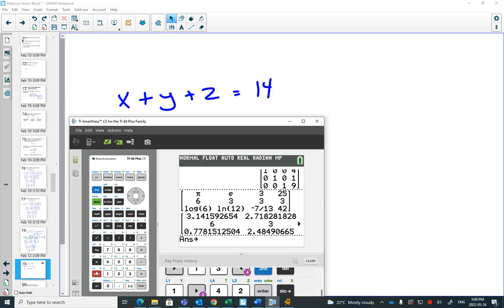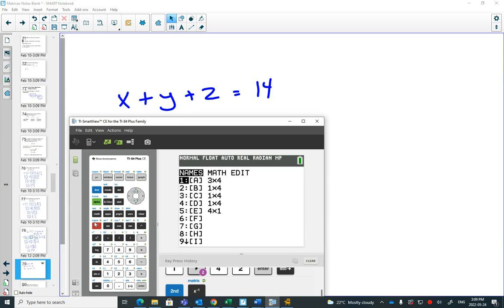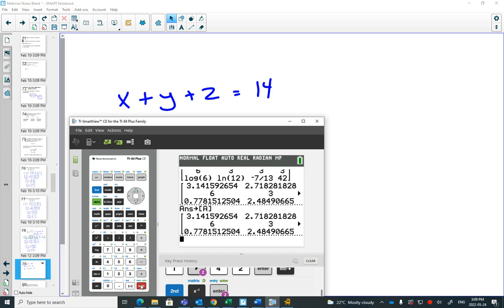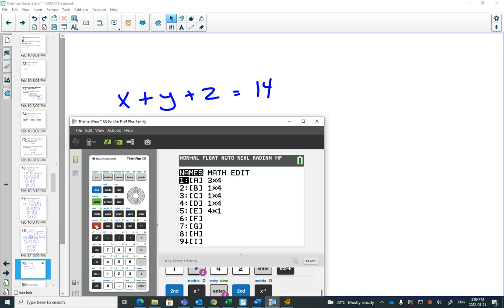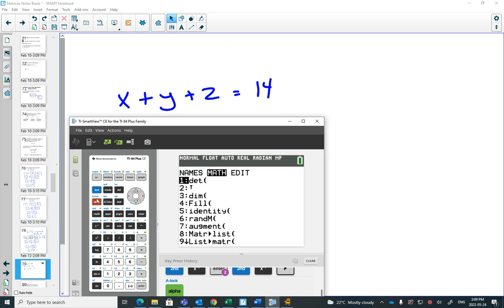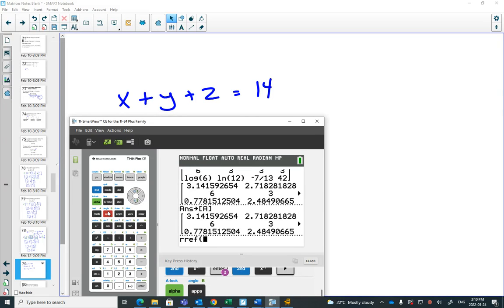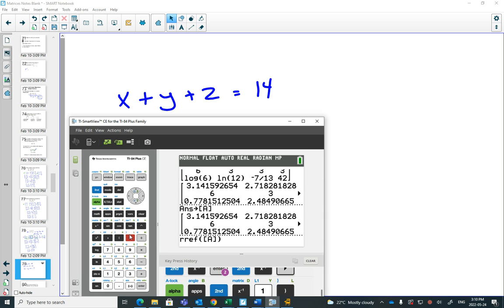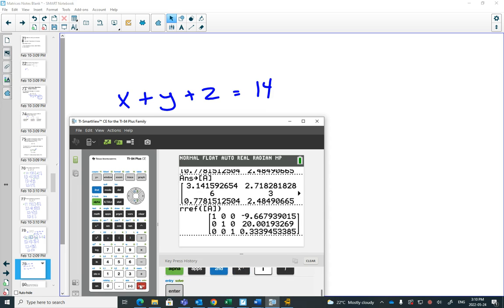We'll store this as matrix A. Reduced row echelon form of matrix A. Apparently, those are the answers.